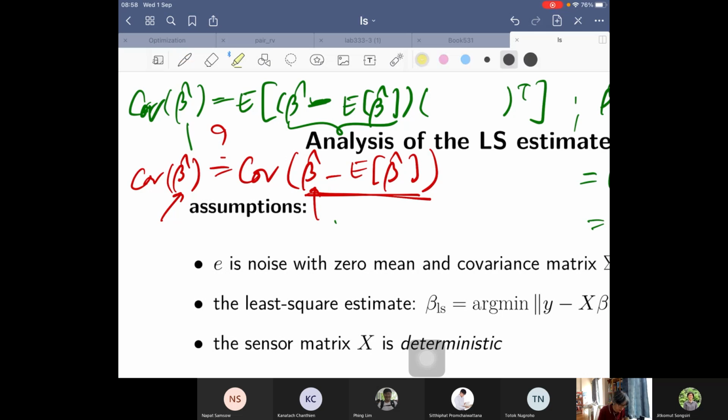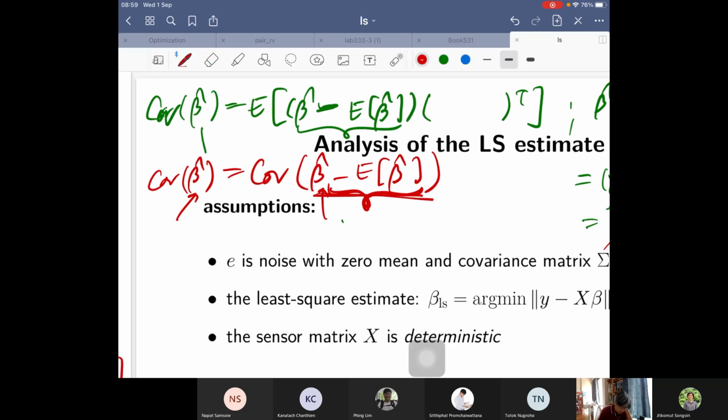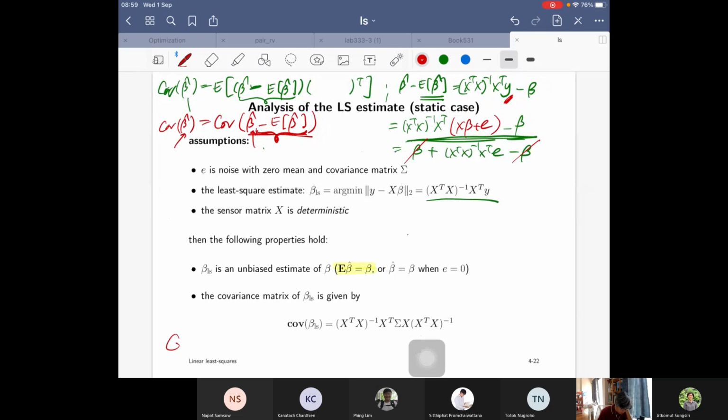They are the same because what? Because this quantity on the right hand side now has a zero mean. Look at the expression. Maybe you need to review. The thing is they are the same, right? Covariance of variable x and the covariance of variable x minus its mean.